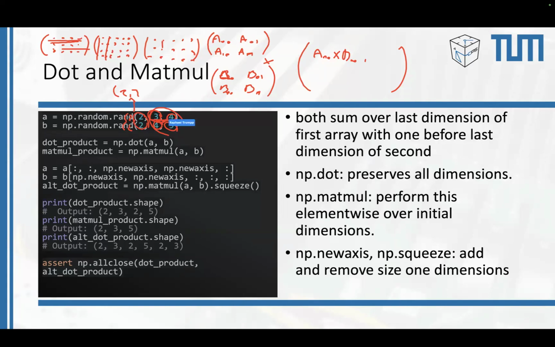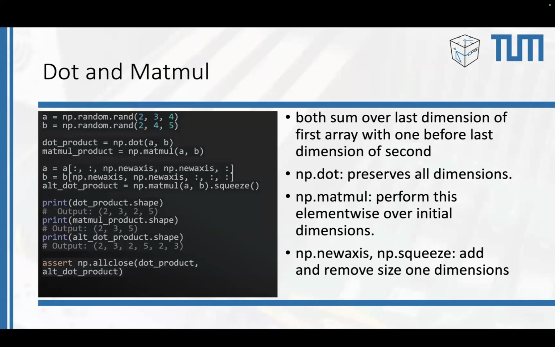This is the condition. The columns of the first matrix must match the rows of the second matrix, otherwise I cannot do the operation. But in the end, what I get is, surprise, surprise, 2, 3, 5. 2, 3, 5.